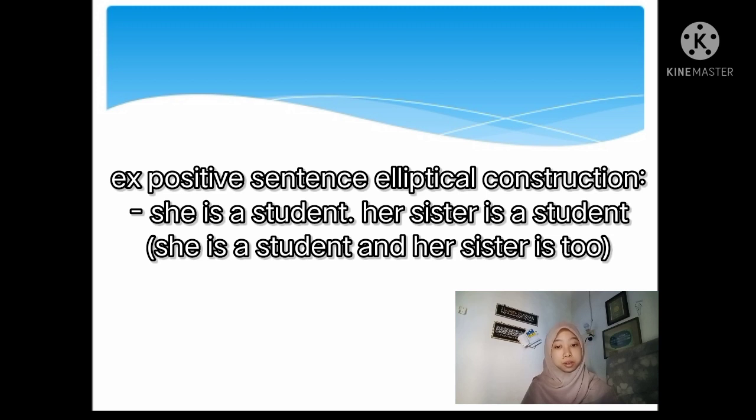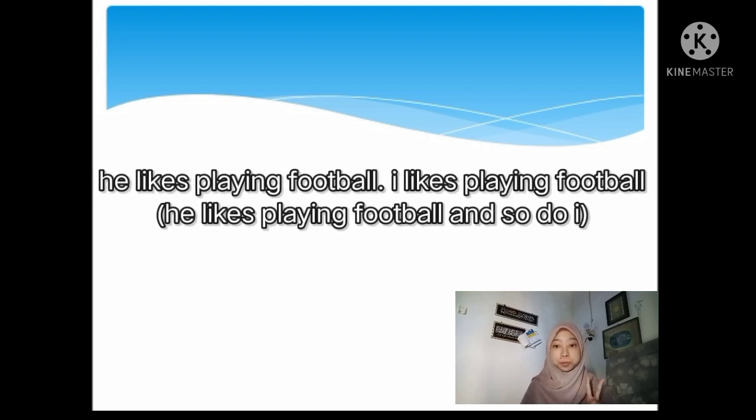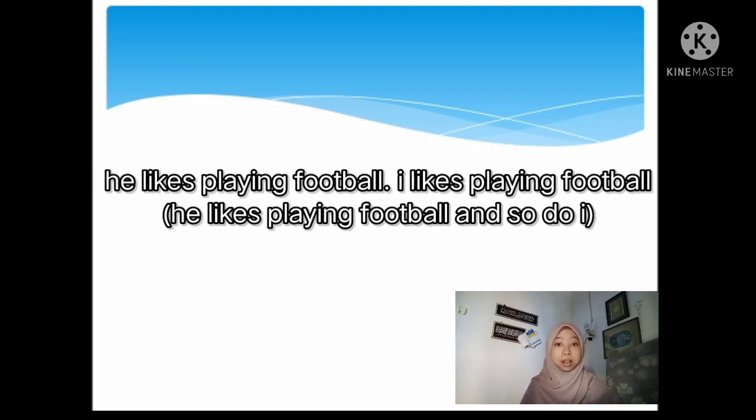Or she is a student and so is her sister. Or she is a student and her sister is too. 2. He likes playing football, I like playing football. Or he likes playing football and so do I. Or he likes playing football and I do too.